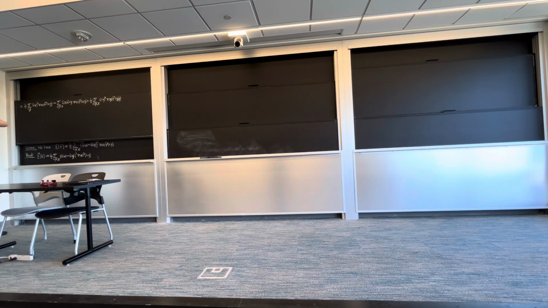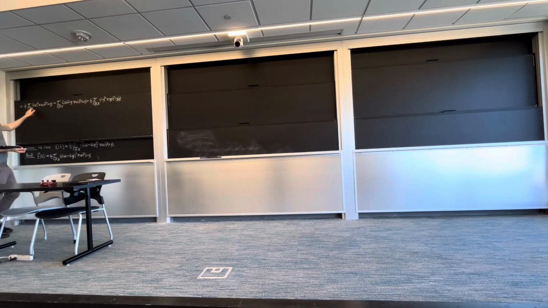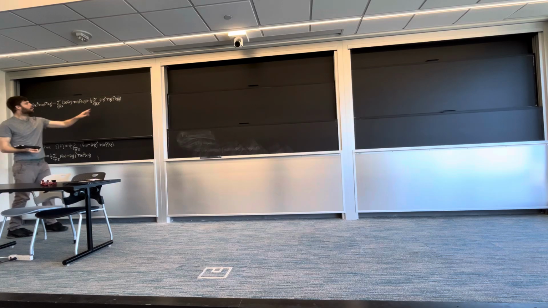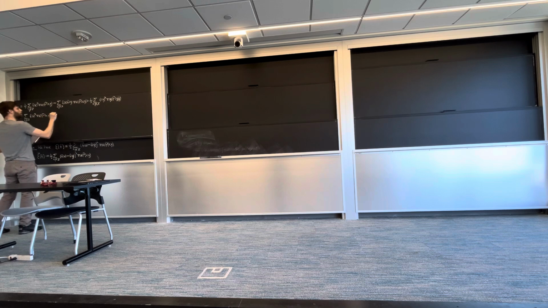And then these two sums are really the same thing. I'm summing over x and y, and here I'm just swapping the roles of x and y. So really I can just write half of this sum plus half of this sum is just this sum. So I get the sum over x, y of f of x squared pi of x, P of x, y. And then this sum still.